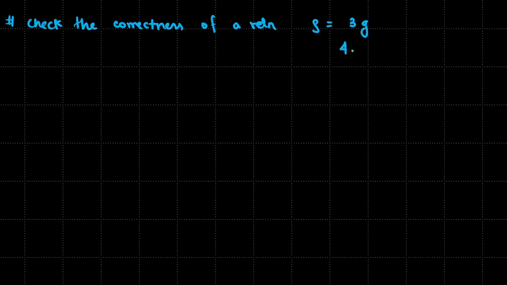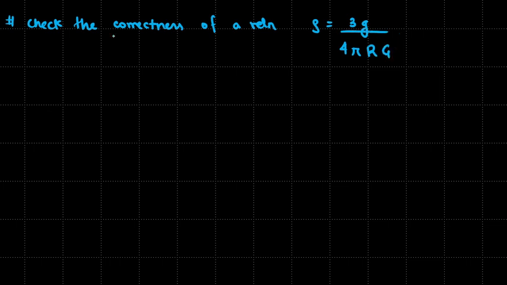Today we are going to do another question, which is to check the correctness of a relation: rho is equal to 3g by 4 pi RG.